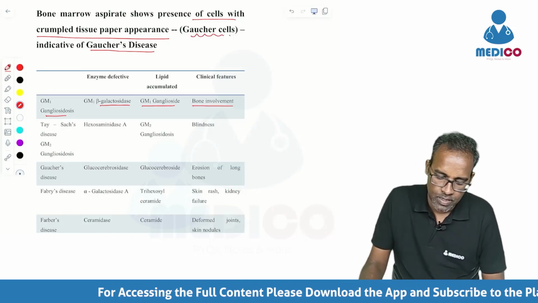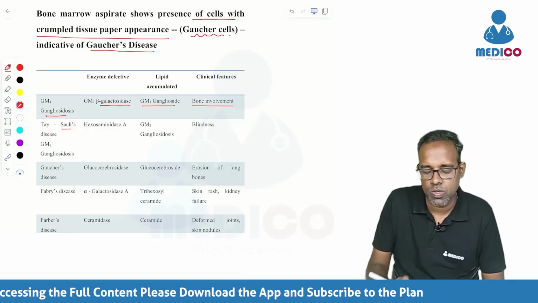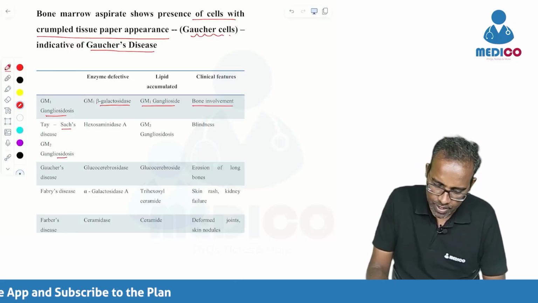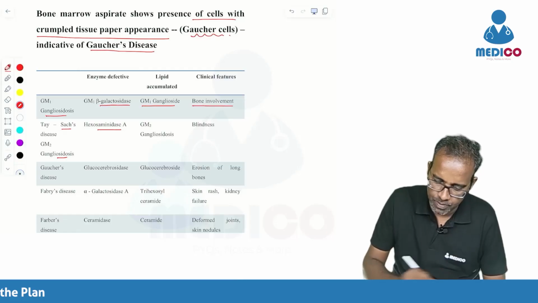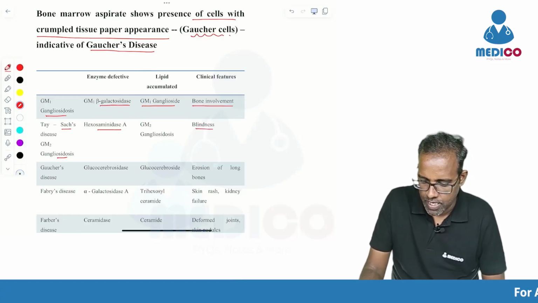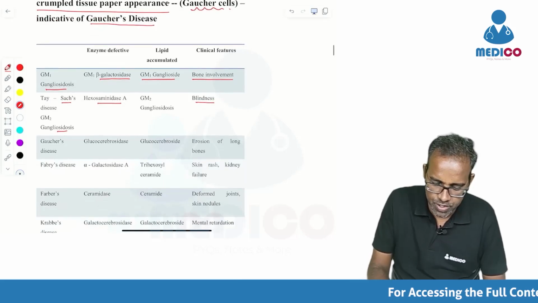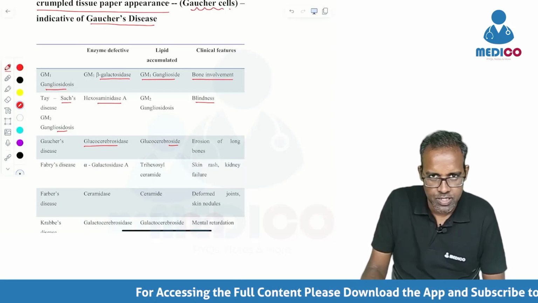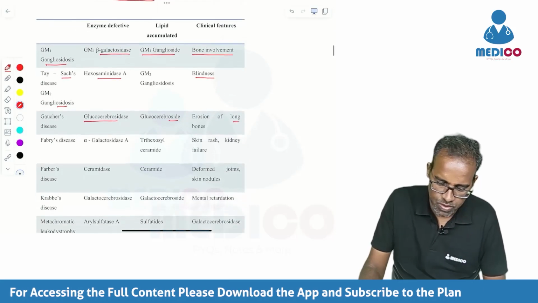The next one is Tay-Sachs disease, also called GM2 gangliosidosis, caused by a defect in the enzyme hexosaminidase A. There is accumulation of GM2 gangliosides, and it causes blindness. Gaucher's disease: glucocerebrosidase, accumulation of glucocerebrosides, again erosion of long bones.